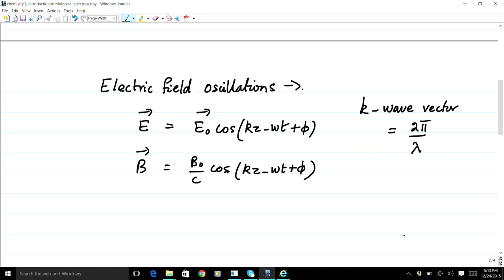We will see that in a minute. Lambda is the wavelength. So E is E naught cosine of kz minus omega t, and omega is known as the angular frequency of the wave.